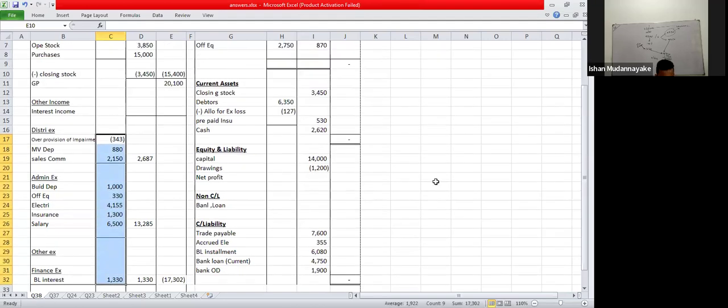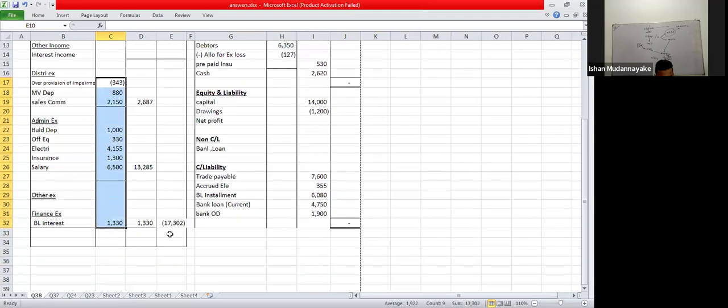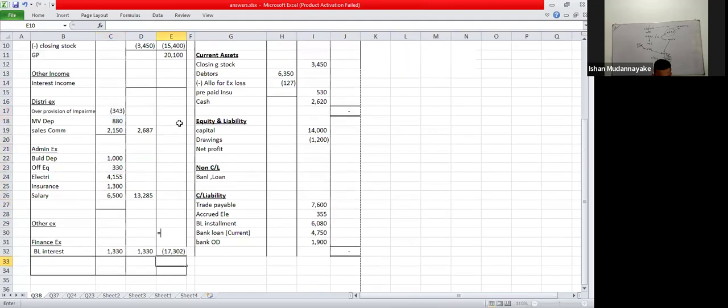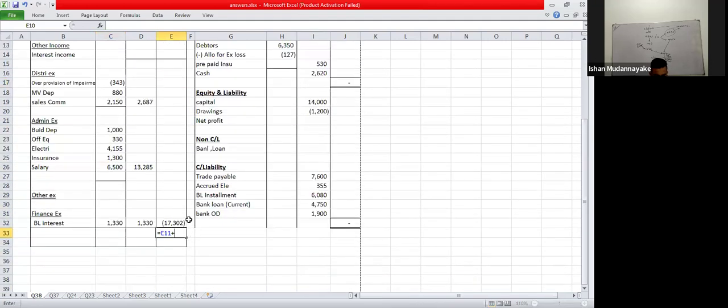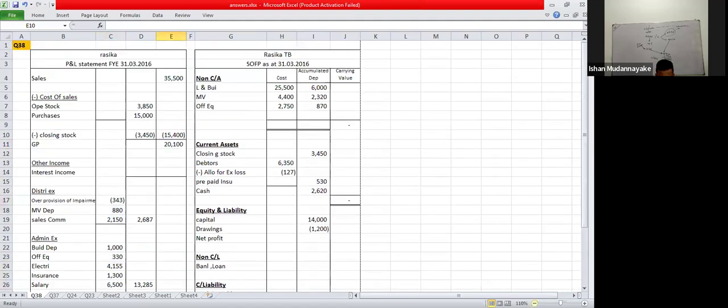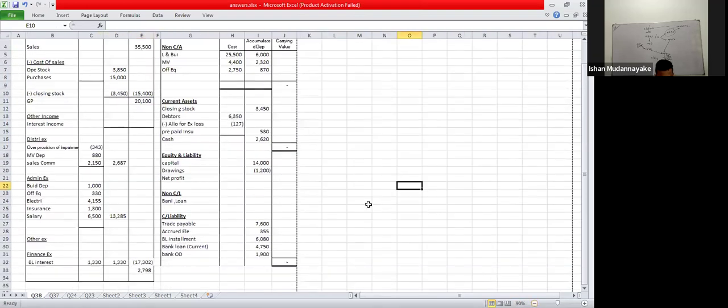Yes. Now other income 0. So then net profit of the business is 2,798. Then the 2,798 is transferred to capital.